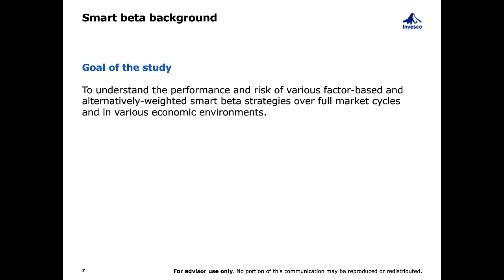For the goal of the study, we tested two categories of smart beta strategies: investment factors and alternative weighting methodologies, and analyzed how they performed over various market cycles and in various economic environments. We also examined the sensitivity of key economic variables in the form of US dollar values, interest rates, and volatility.